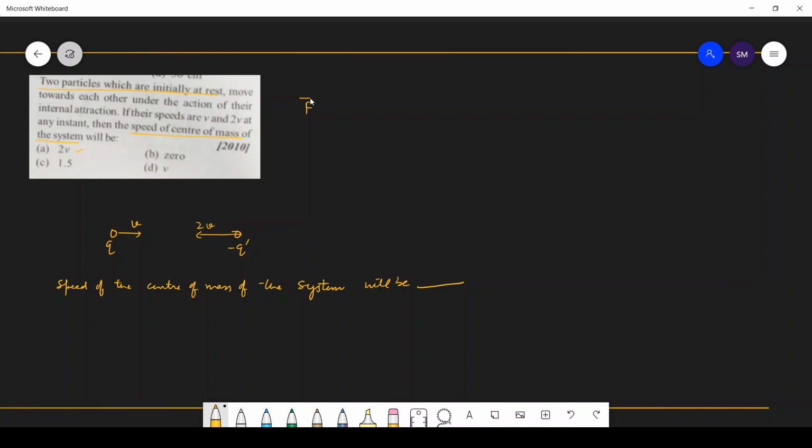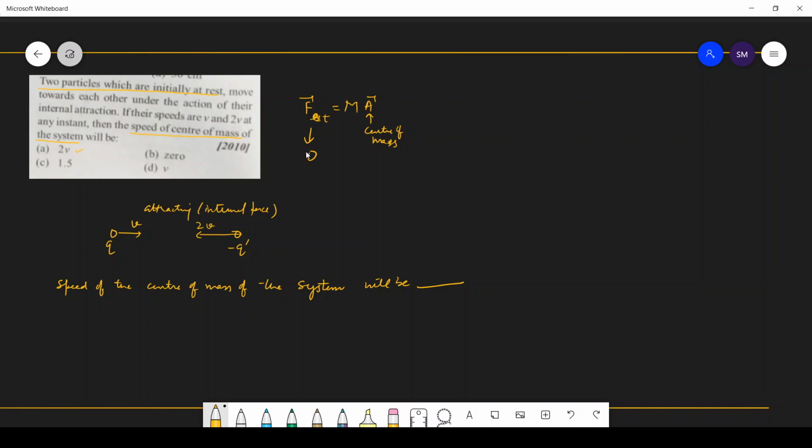Whenever you are talking about center of mass, you have only one formula: F external is equal to mass of the system into the acceleration of center of mass. So the acceleration is of the center of mass, a point where you assume that the whole mass is concentrated and the external force acts on that point. Here they are attracting each other, so that's an internal force of the system.